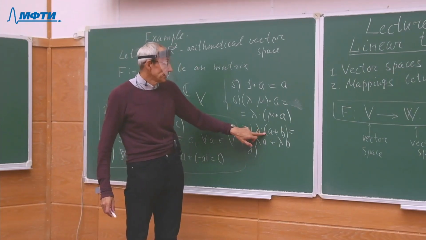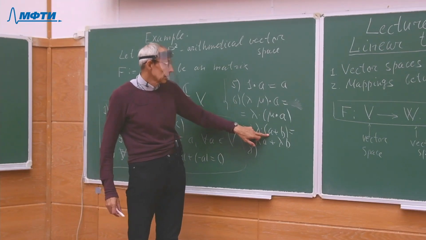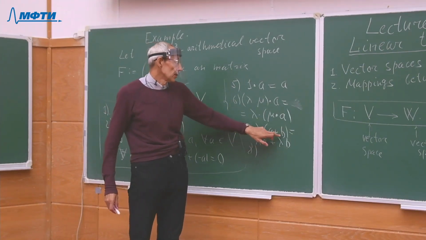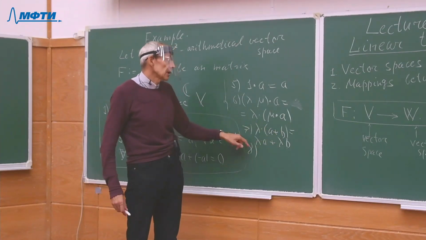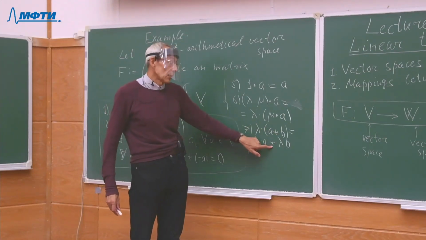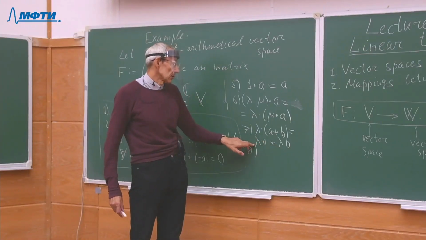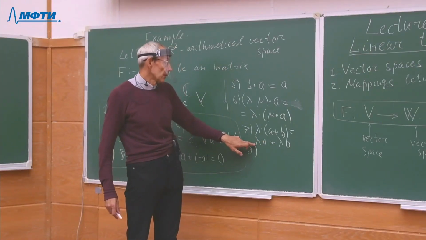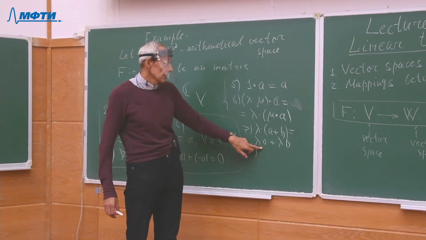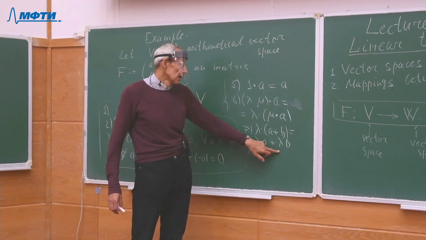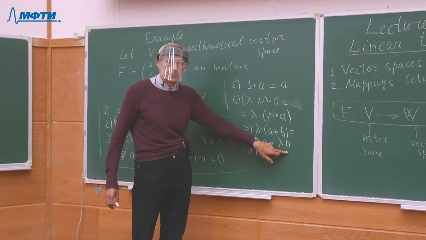If you add two vectors A and B and then multiply by the scalar lambda, we obtain exactly the sum of two vectors: the first is the scalar product of lambda and the first vector A, and the second summand is the scalar product of lambda and the second vector B.